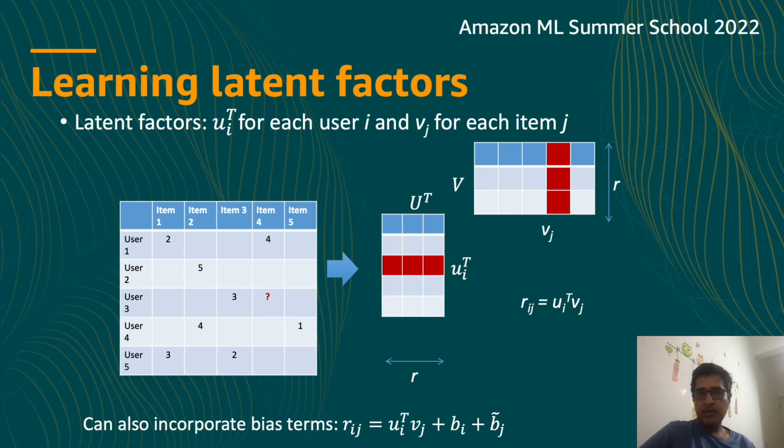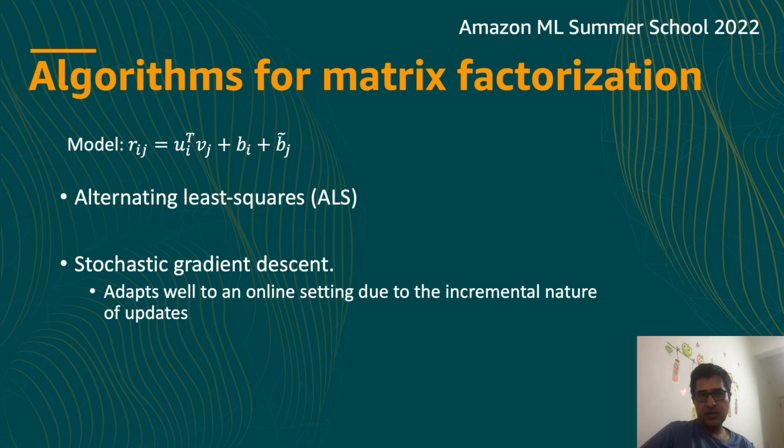Now the question is, how do you learn these particular parameters, right? How do you learn the overall parameters for these equations, so to say. So let's say that you have been given this particular model. For now, we assume that the model that we are trying to learn is simple: an interaction term, and then bias terms for the user and the item as such. One way of solving this is through alternating least squares.